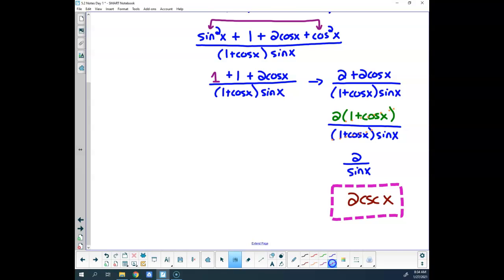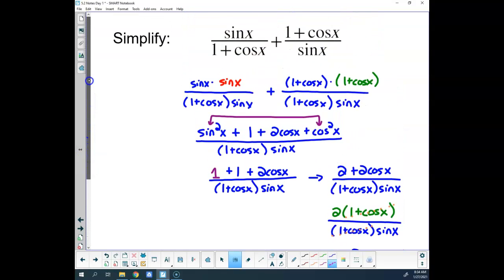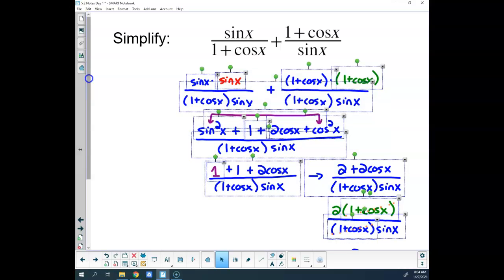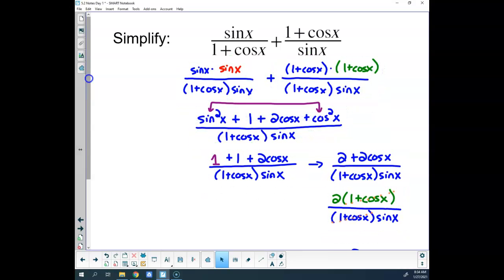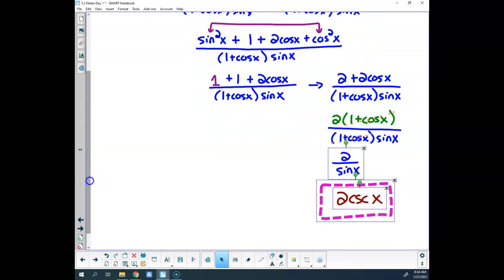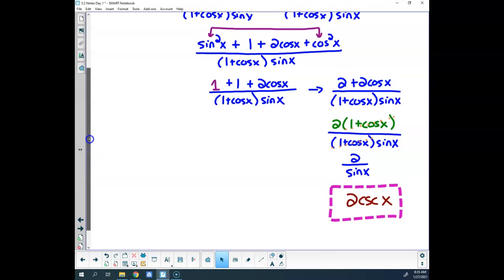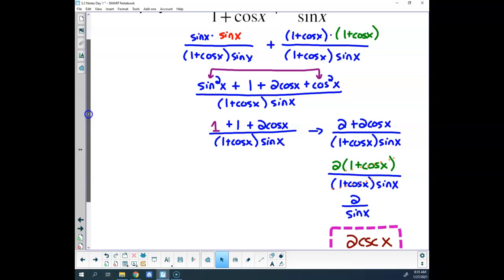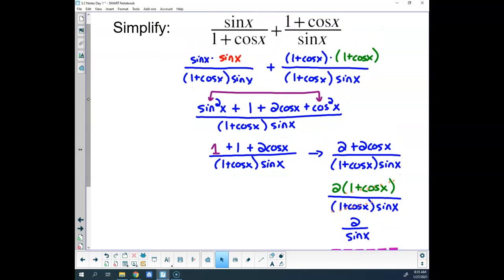The only difference now here in section 5.2 is instead of giving you an expression to start the problem, we're going to give you an equation, and we're going to say prove this equation.